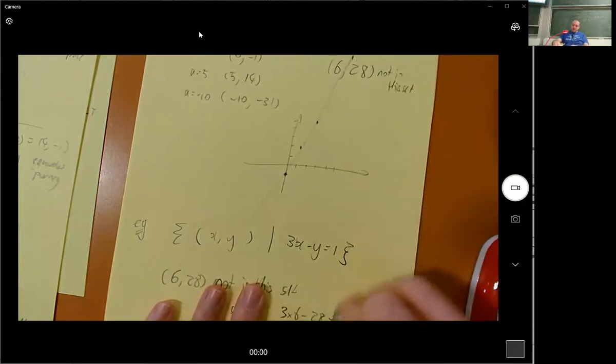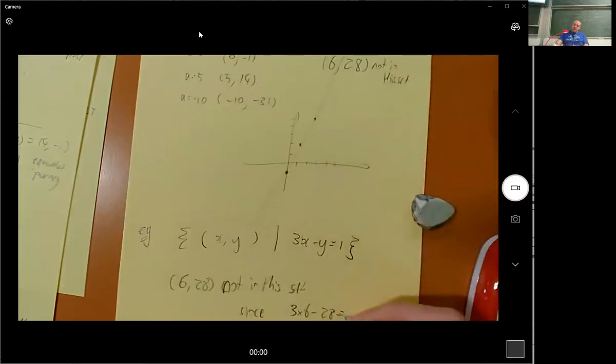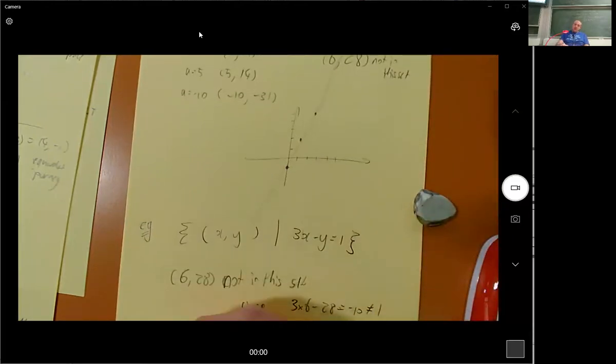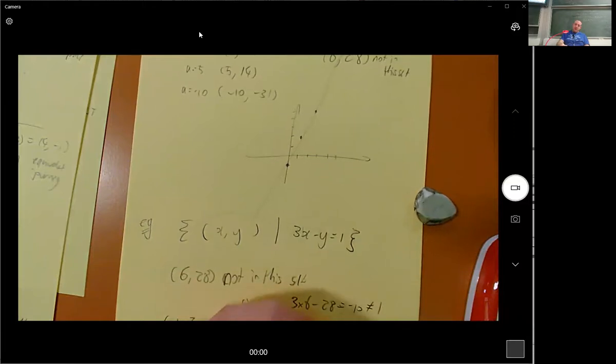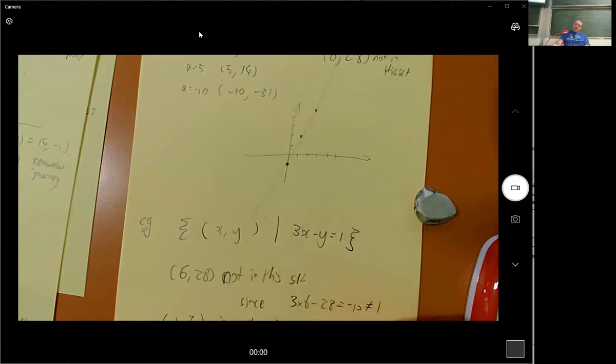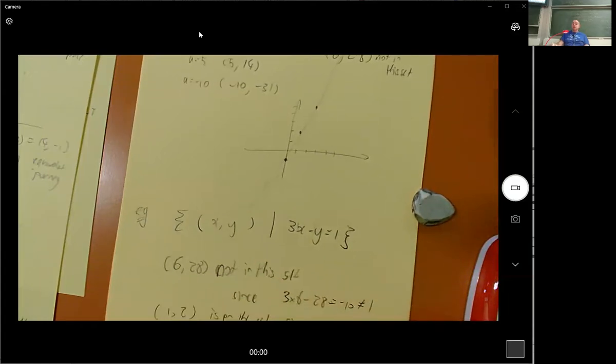It's minus 10, right? But say 1, 2 is on this line, is in the set, since 3 times 1 minus 2 is indeed 1. Yay.